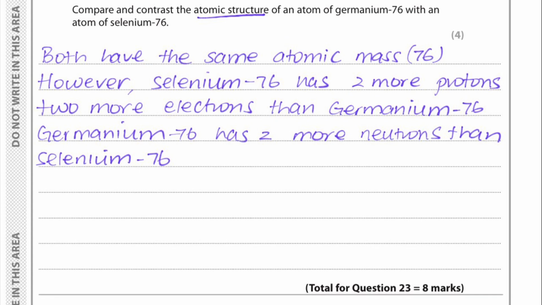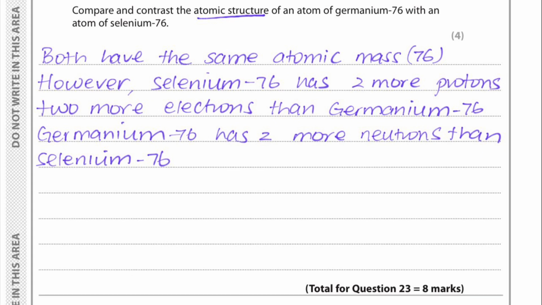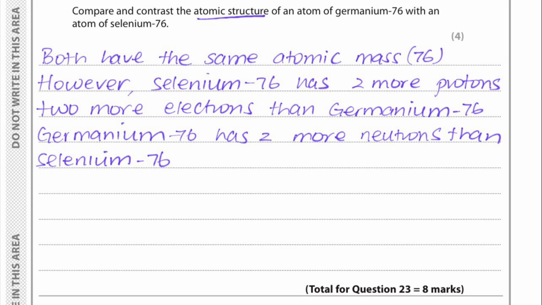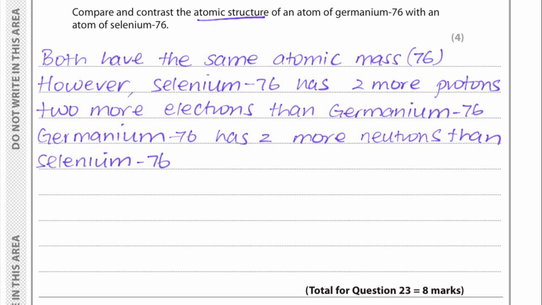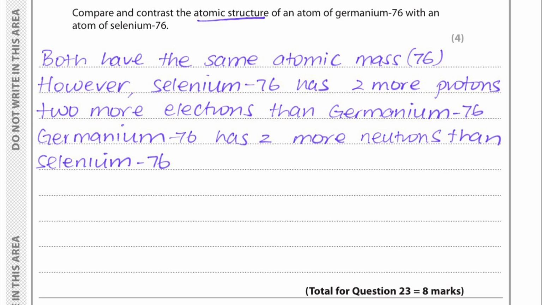Since atoms are neutral, it also has 2 more electrons. Now flip it. Germanium-76 has 2 more neutrons than selenium-76 because 76 minus 32 equals 44 neutrons for germanium. 76 minus 34 equals 42 neutrons for selenium. Proton difference equals 2, electron difference equals 2, neutron difference equals 2.